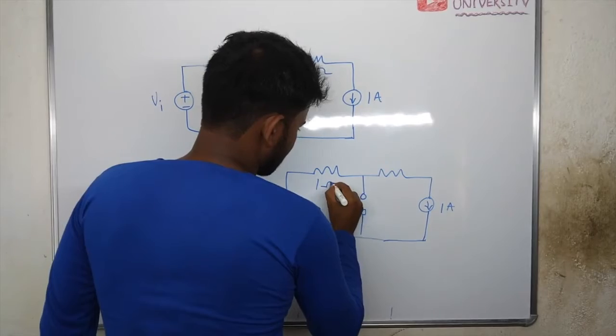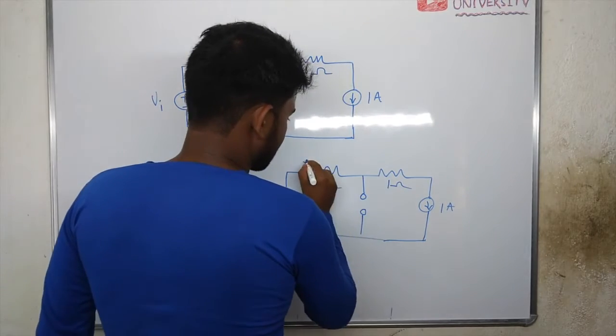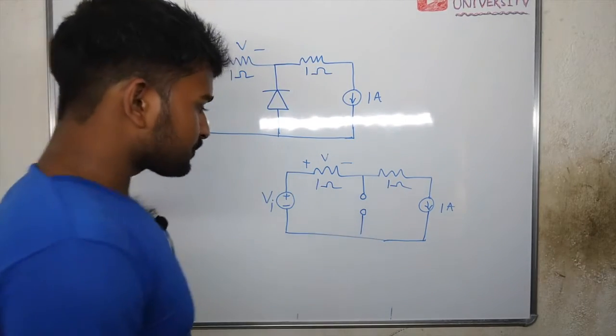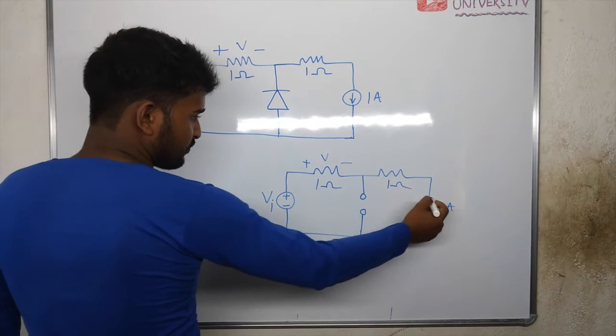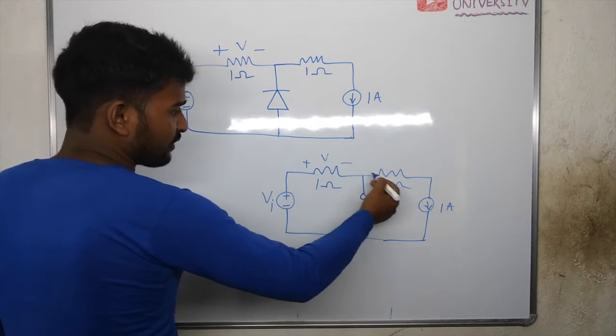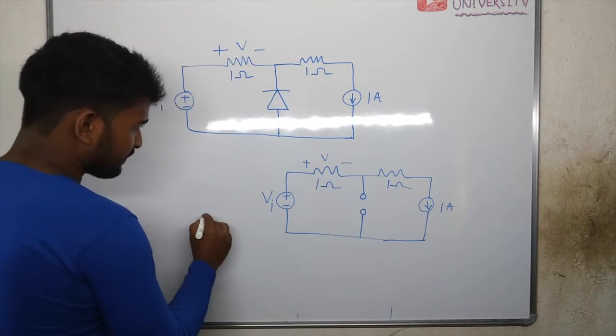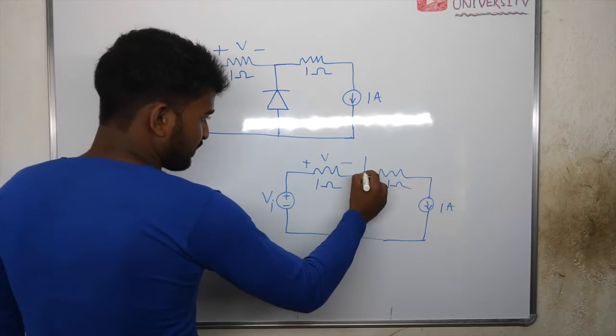This is 1 ohm resistance, this is also 1 ohm resistance, and this is your V. So if you open circuit the diode, then this 1 ampere current source will flow in this way.